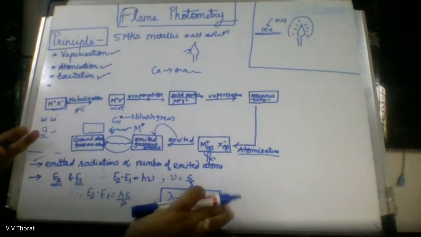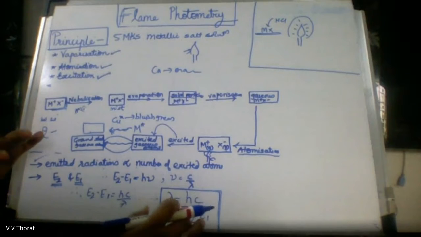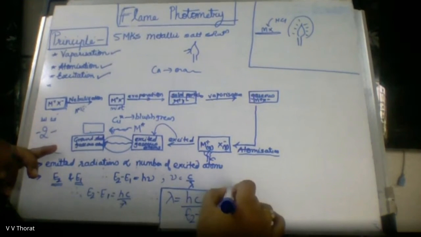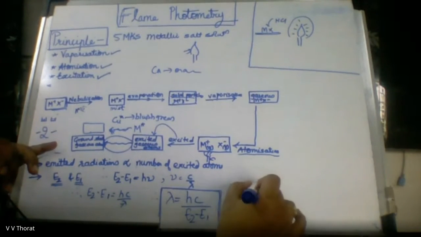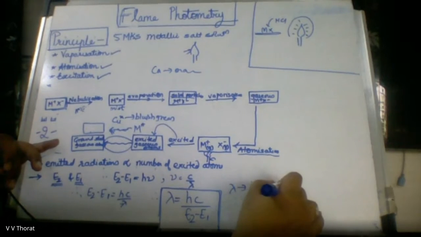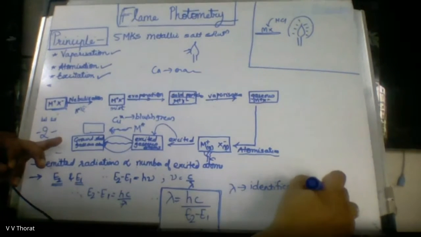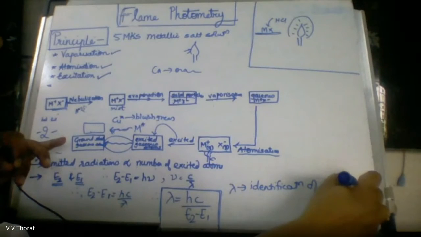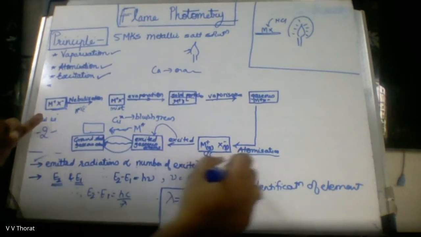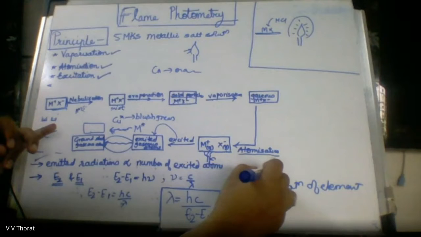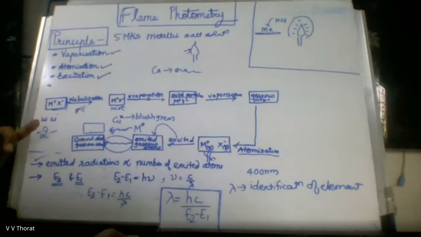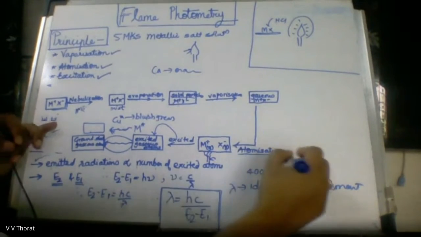Don't leave it up to here. What is the significance of this equation? You will write lambda will help in identification of elements present. We have seen if the wavelength of emitted radiation is 400 nanometer, you will say potassium is present.